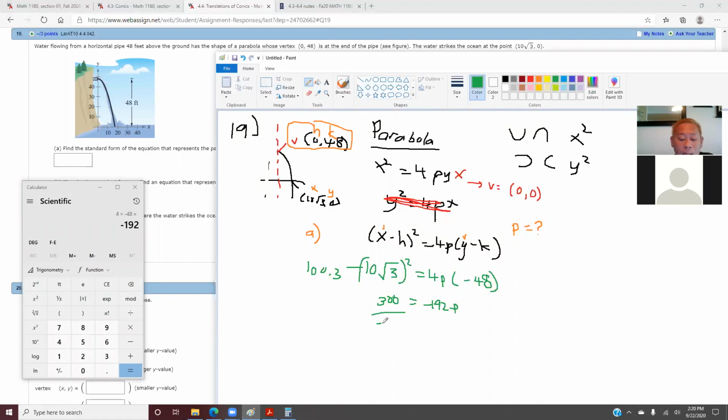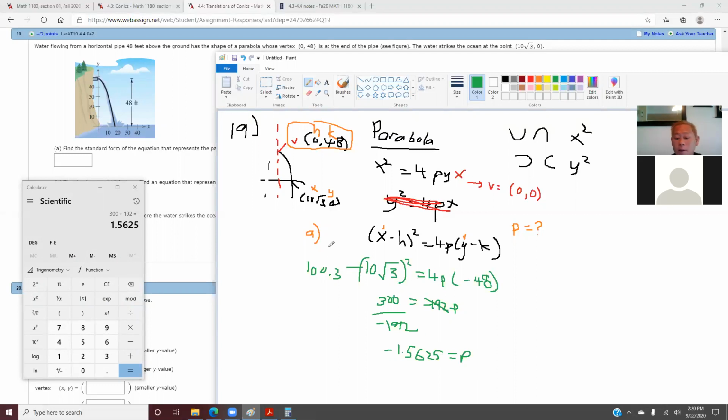Then you just divide by negative 192. This is like solving an equation. So what is that going to be? 300 divided by 192 is negative 1.5625. So this is your p in this case.